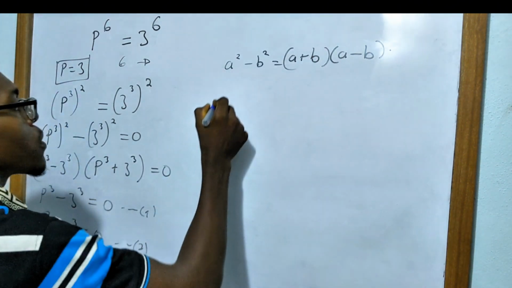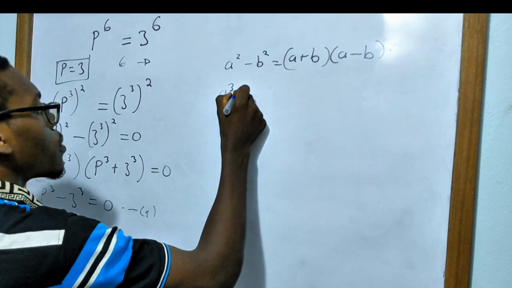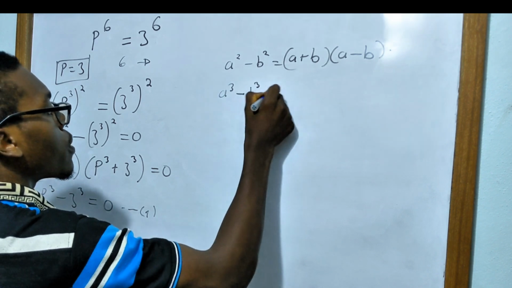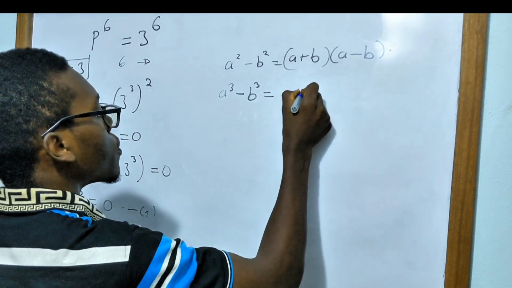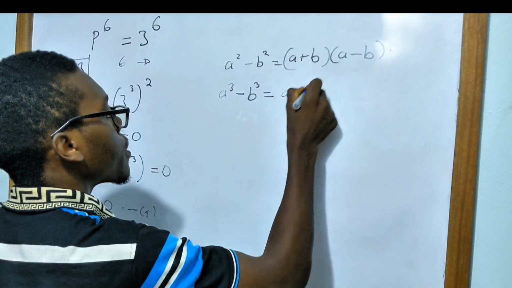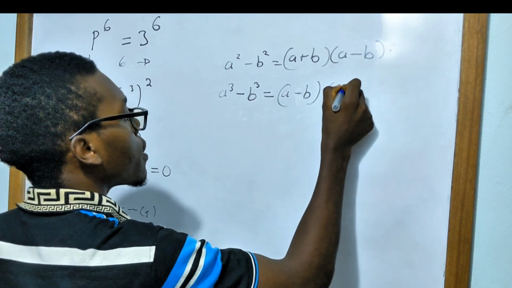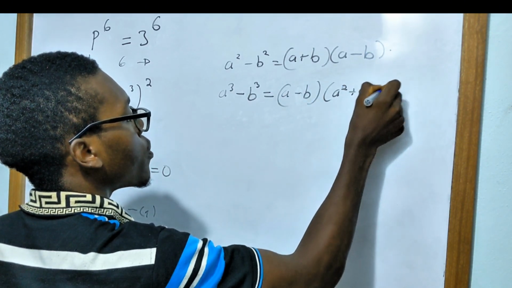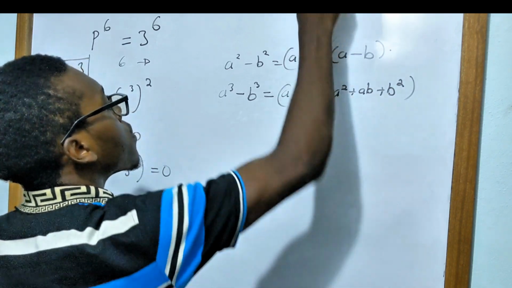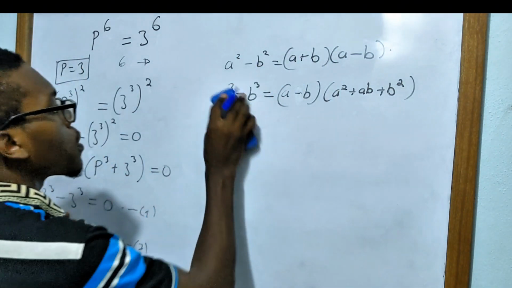And also, we know that a cubed minus b cubed is equal to (a minus b) times (a squared plus ab plus b squared). Okay, we're going to use it for the first one.